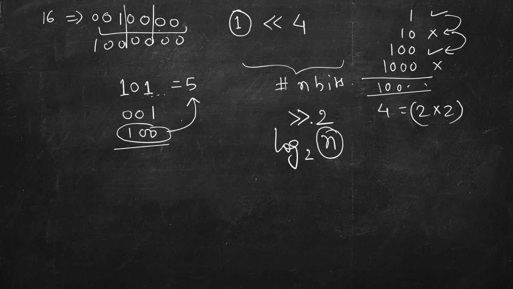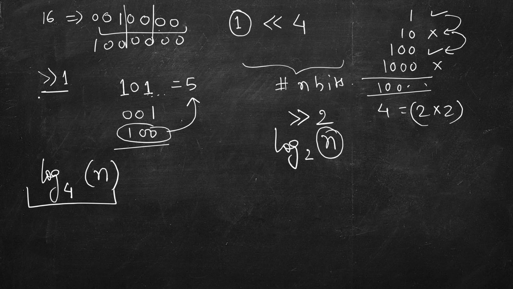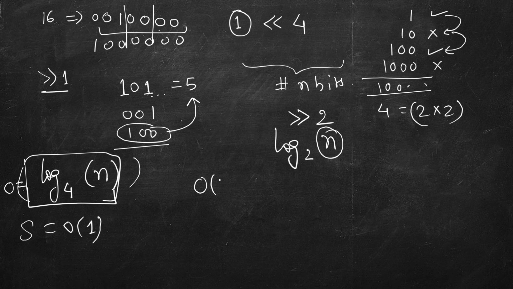So for the actual number, you can relate it as log base 4 of the actual number, since we are dividing by 4. So right shifting by 2 means dividing by 4. Right shifting by 1 means dividing by 2. So it's O(log 4 n), and space is O(1). So this should work, but let's see another solution which will be O(1), that is constant time.